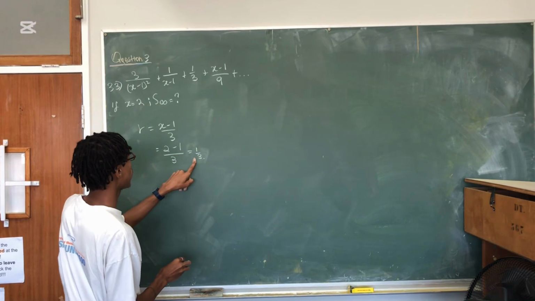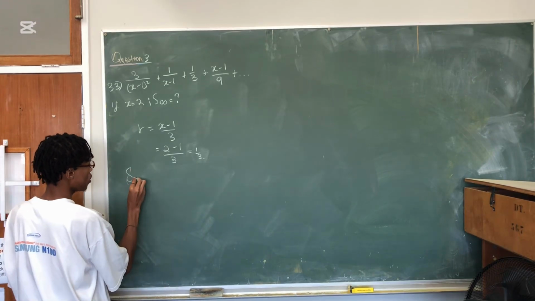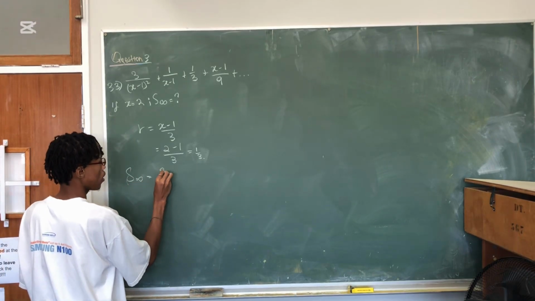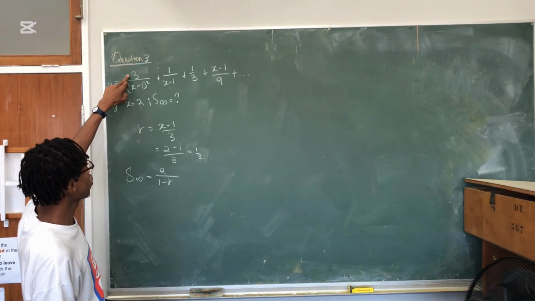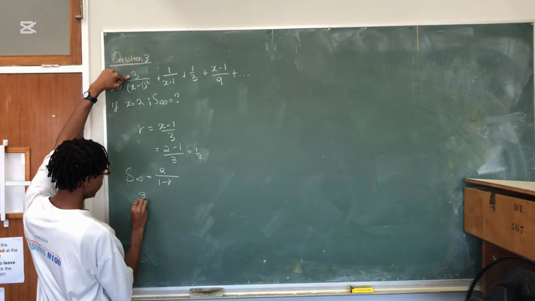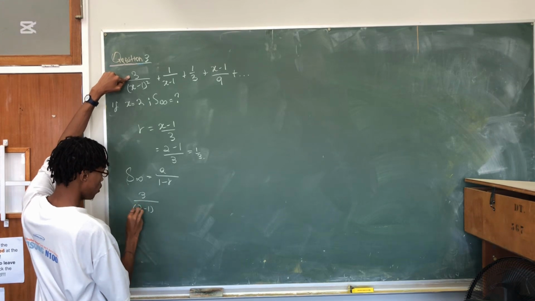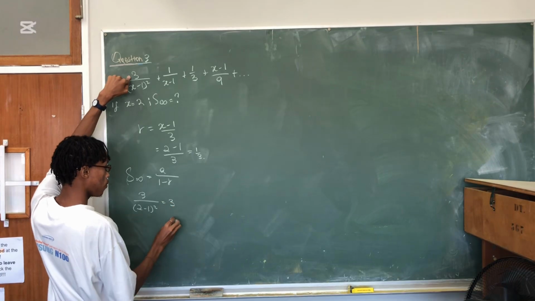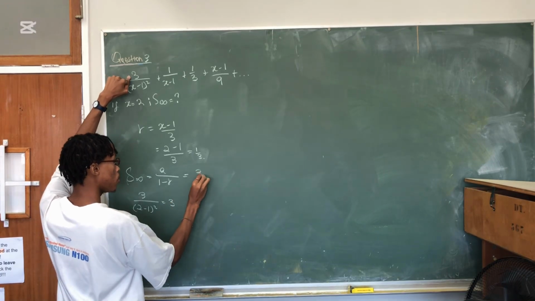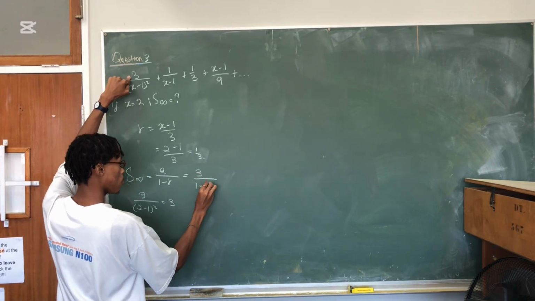Our ratio is 1 over 3. Our sum to infinity is a over 1 - r. Our a, the first term, is 3 over (2 - 1) squared. 2 - 1 is 1, therefore we have 3. This is going to be 3 over 1 - 1 over 3.